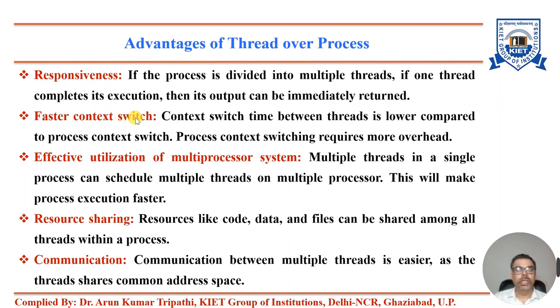Faster context switching. When the processor switches from one process to another process, it takes time because it has to perform a lot of operations, such as saving all the information of the currently executing process, and then loading the other process into the registers, so it takes a lot of time.